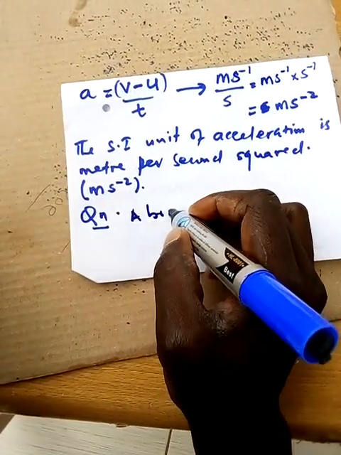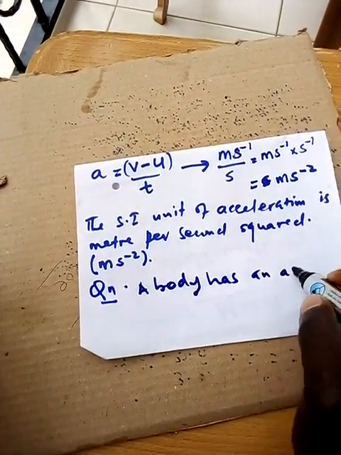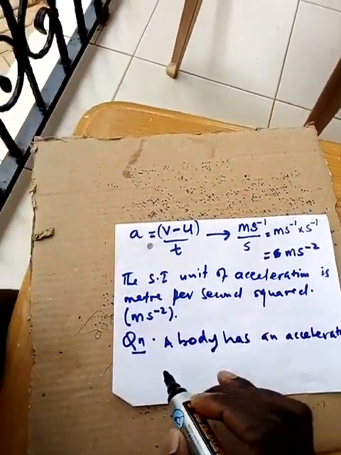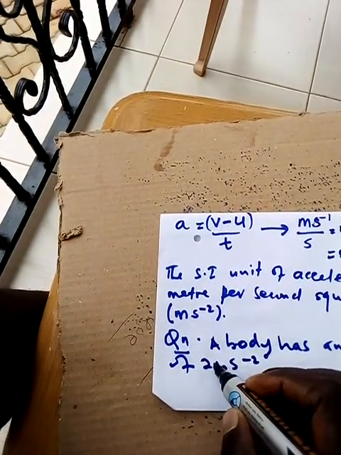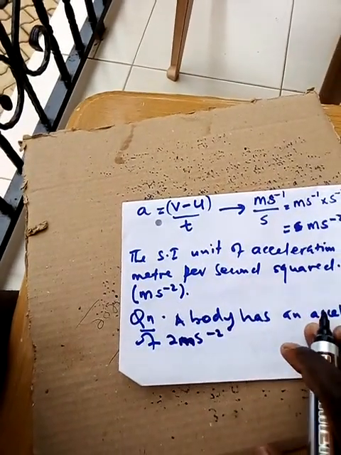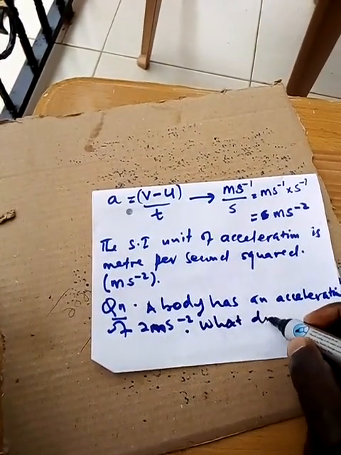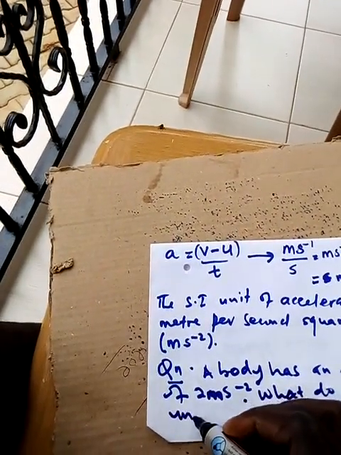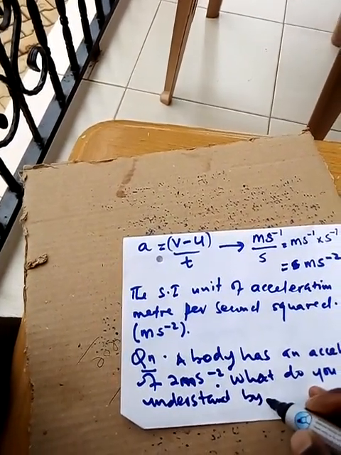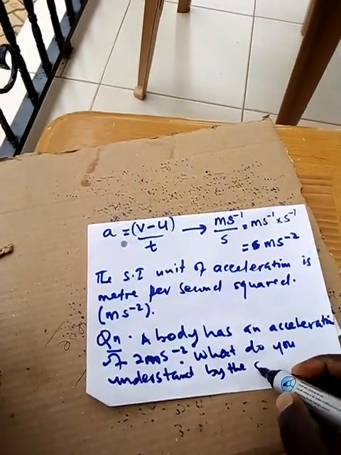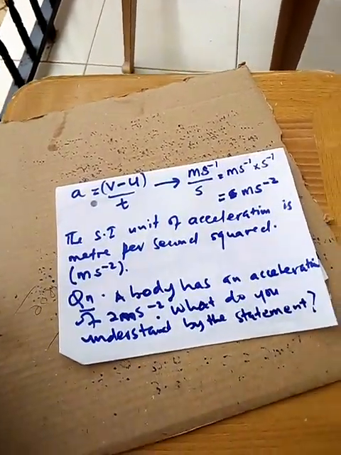A body has an acceleration of 2 meters per second squared.